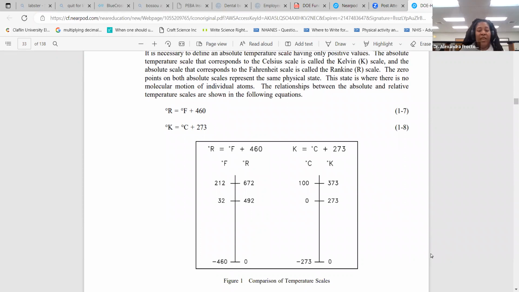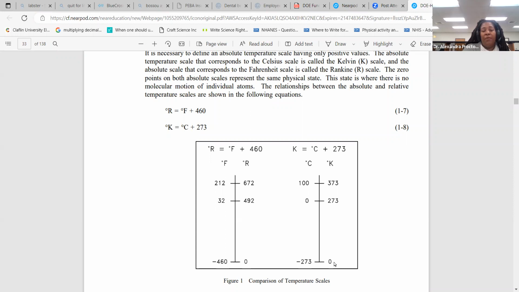And so here in this figure, they're trying to show you the comparison between the absolute scale for Fahrenheit, which is the Rankine system. So they start with Fahrenheit. They show you what the Rankine system does. Do you see at the bottom, there's a negative value?